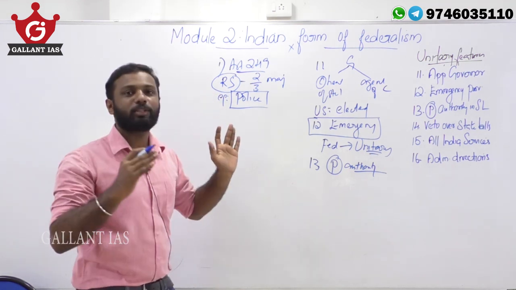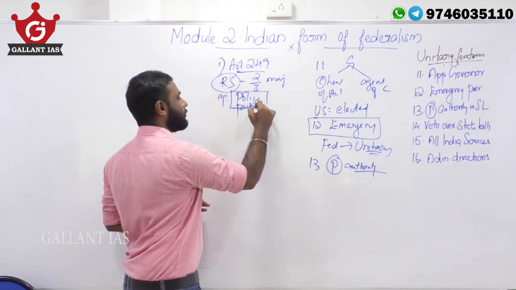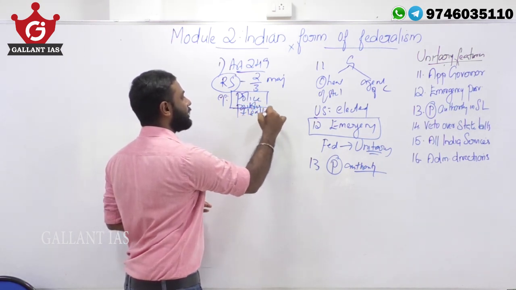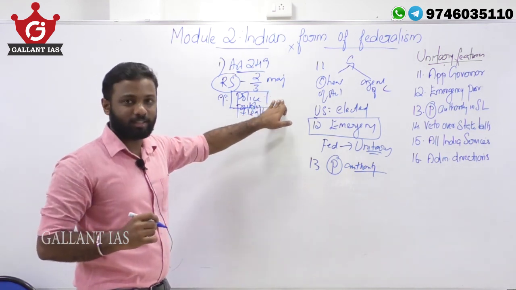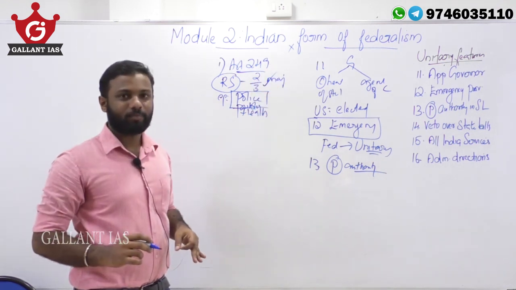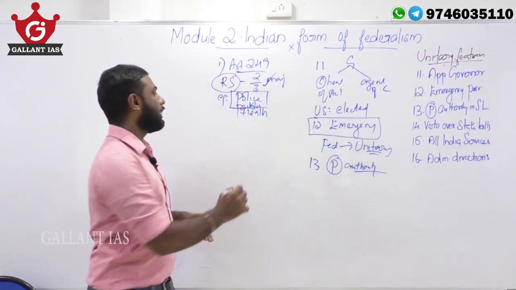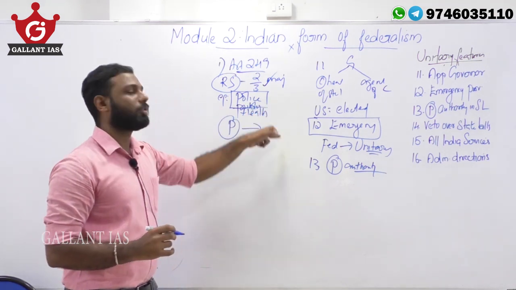So if Parliament has to make a law on police or say public health, because these all come under the state list, then first of all the Rajya Sabha has to pass a resolution to that effect by 2/3 majority. Then Parliament is empowered to make laws on police or public health.